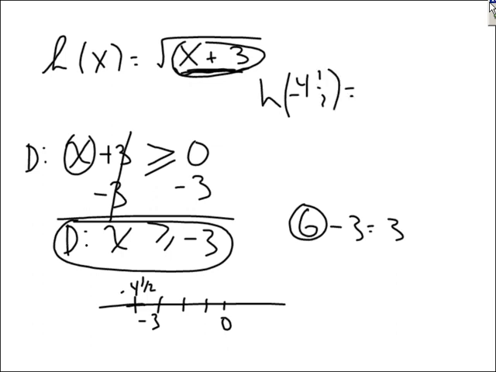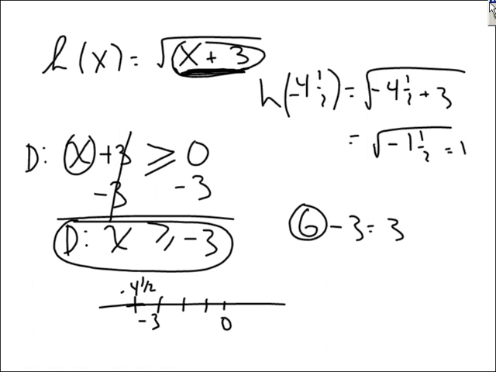Well, you take what's in the brackets and you add 3. Then you take the square root of that. Negative 4.5 plus 3 is negative 1.5. You can't take the square root of a negative number. So it is working. The domain is all numbers that are negative 3 or above.